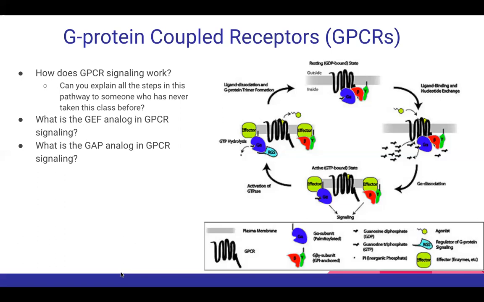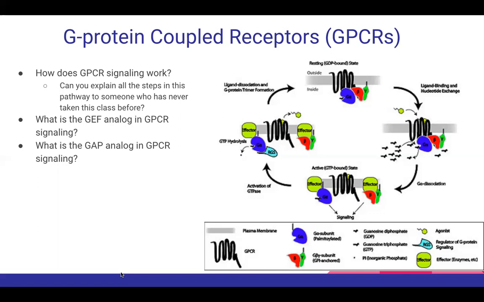And then once the cell has what it needs and all the signaling has happened, it needs to deactivate. There are different ways that G alpha can be hydrolyzed so that it goes back to GDP and becomes inactive. One way is that G alpha itself has an intrinsic rate of hydrolysis, but it's usually not the most effective because it's not the fastest.